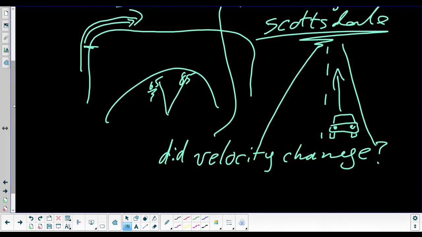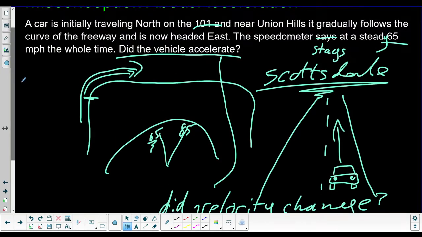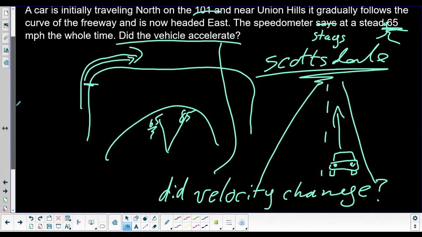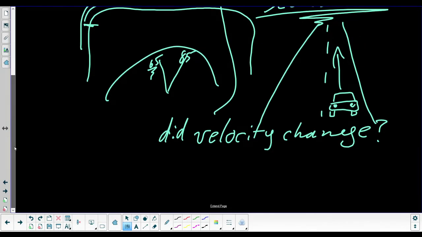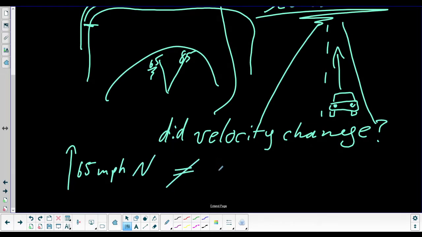So did the velocity change? It says we're going 65 miles an hour the whole time. But we need to remember, velocity is a vector. So driving 65 miles per hour north does not equal going 65 miles per hour east.